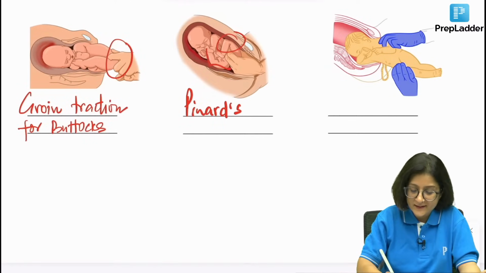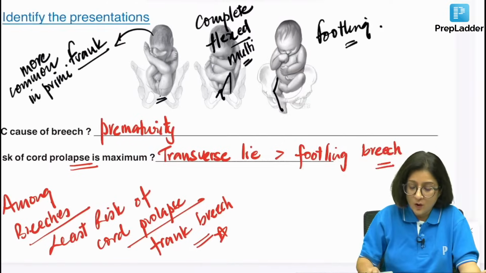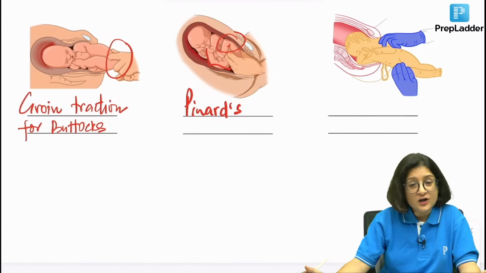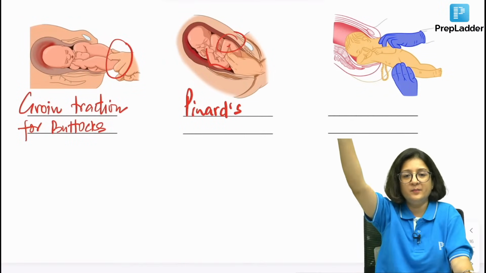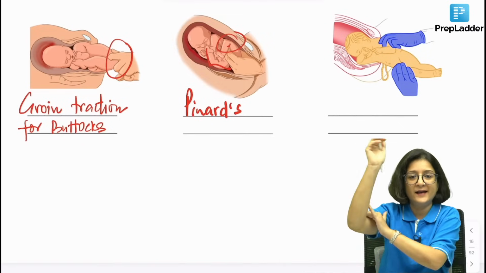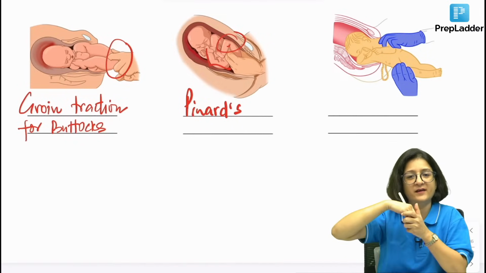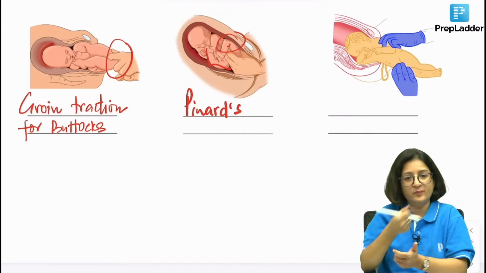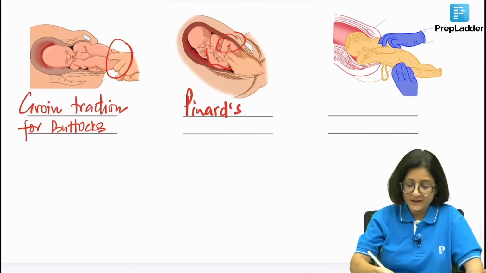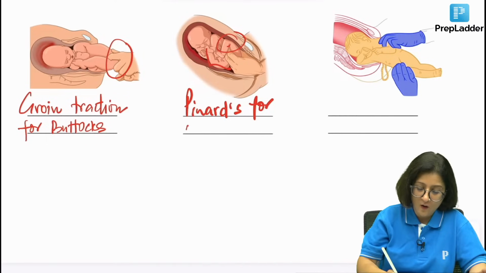Look at this leg, this was extended. Similarly, this leg was also extended. So, when we press at the popliteal fossa like this, the leg flexes, and then we can grasp the feet and bring down the leg. So this is for delivery of extended legs.